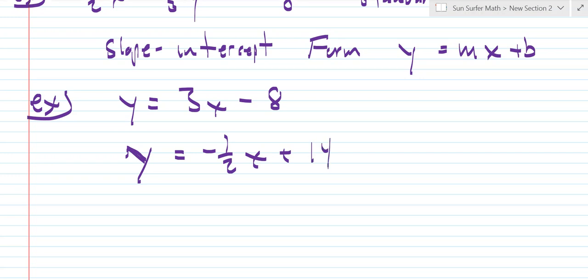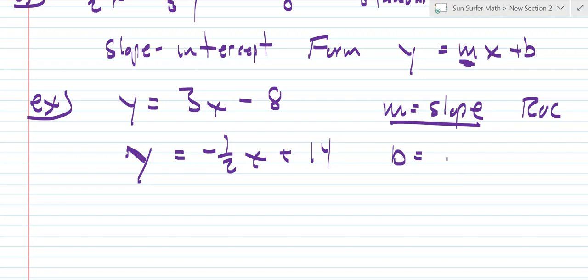Those are both in slope-intercept form. Now the m is the slope. In calculus class, we're going to refer to that as a rate of change. And b in algebra class is what we call the y-intercept. In calculus, we're going to be referring to that as the initial condition.